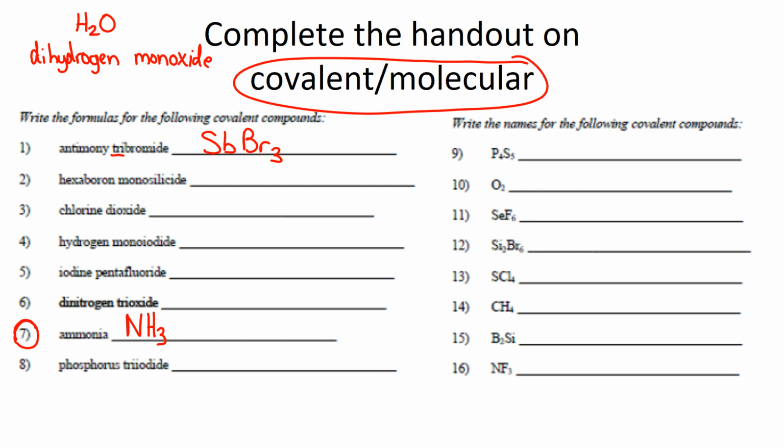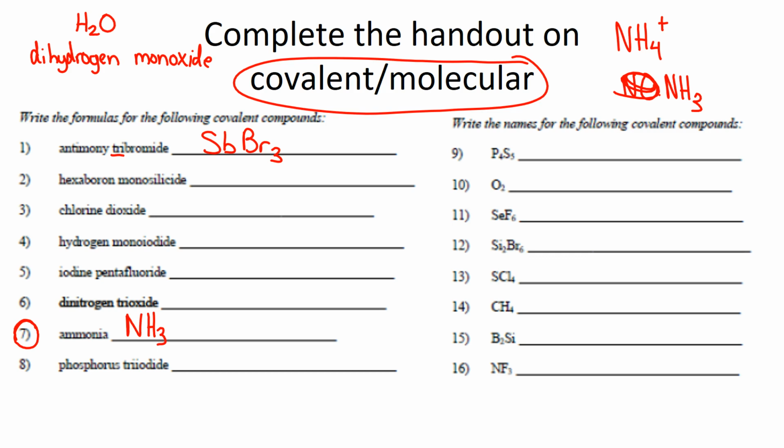So, but we could have, notice the difference between ammonia and ammonium. All right. Notice the difference between sulfur trioxide and sulfate. All right. So that's things that I want you to do.